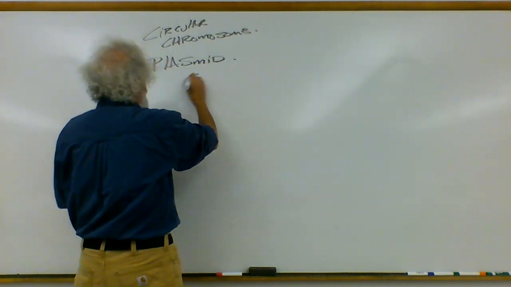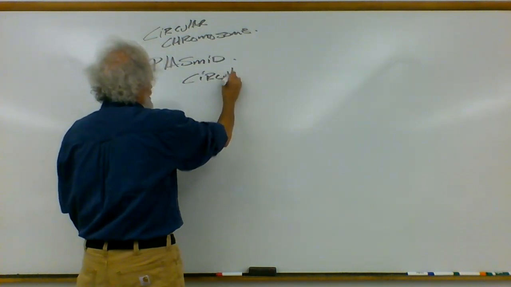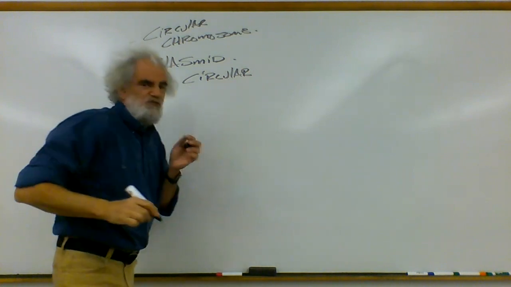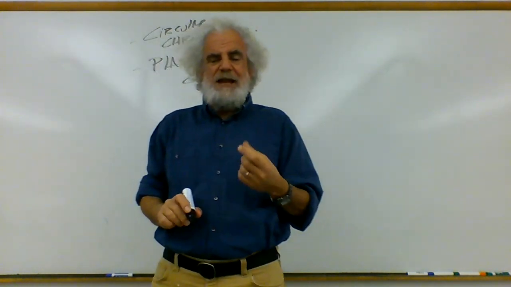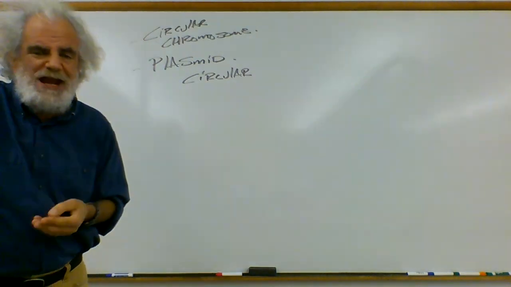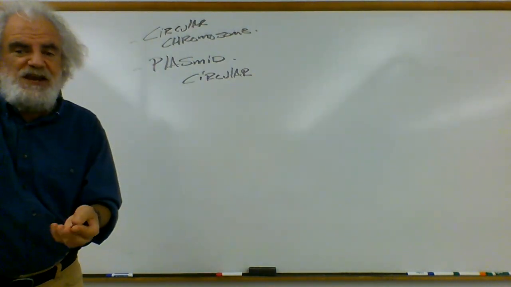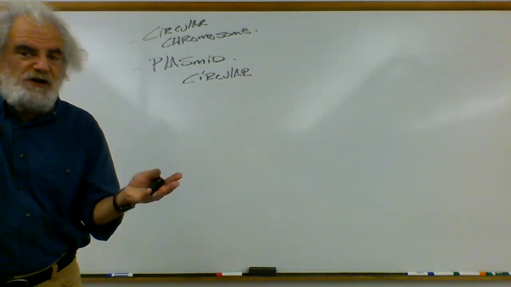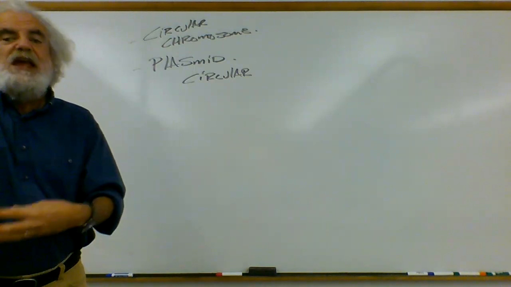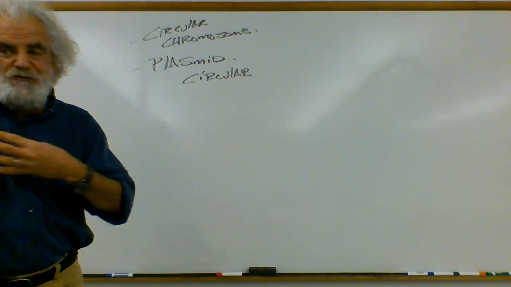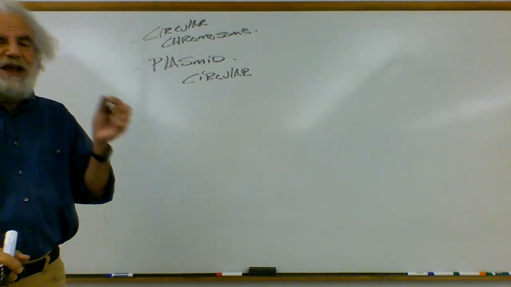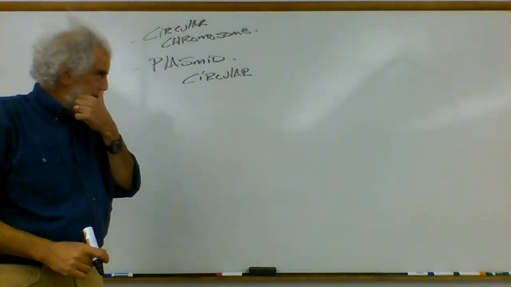And this is also circular, but it is smaller than the genome. And it has a range of different kinds of genes that might be important for different kinds of environmental conditions. It's also how things like antibiotic resistance can be transferred back and forth. It's an easily transferable piece of DNA.